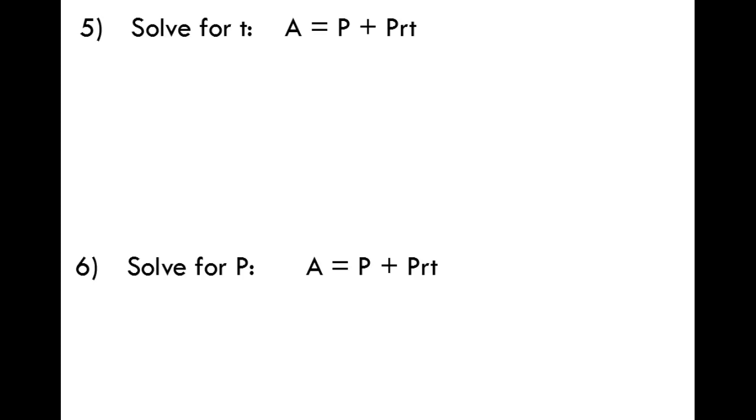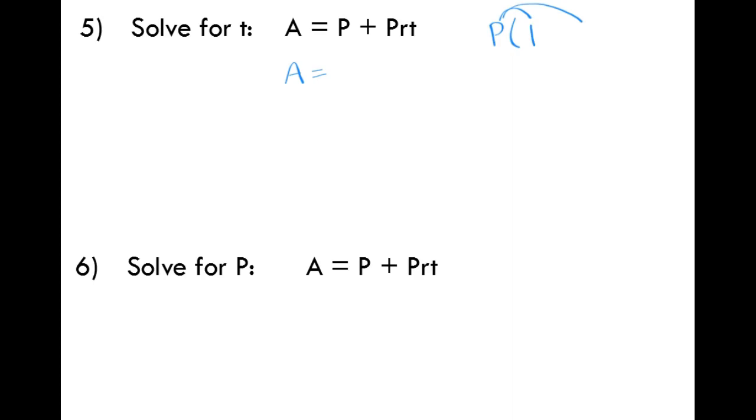So what we can do is, in my beginning class, we didn't have a name for it yet, because you learned this later in the year. We called it undistributing. So if you imagine this P gets distributed to 2 different parts, P times what is P? That's what you're thinking about. So it's a 1. And then P times what is PRT?